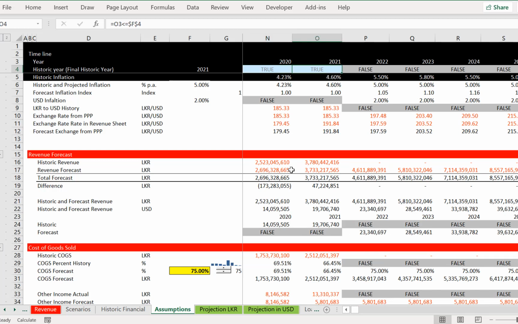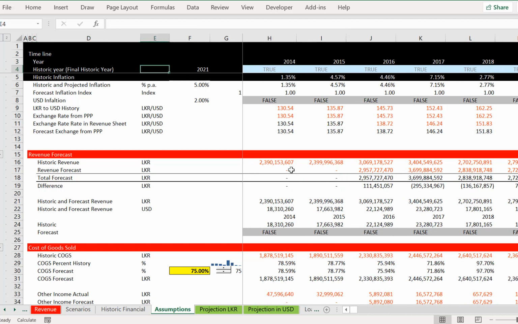I call it a magic flag because I used to make corporate models without this flag. In fact, sometimes I've seen corporate models even without the kind of dates on the top. Once you have this historic flag, there's so much left in this history.